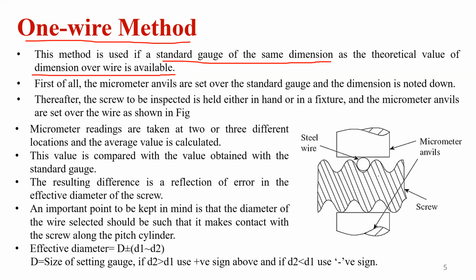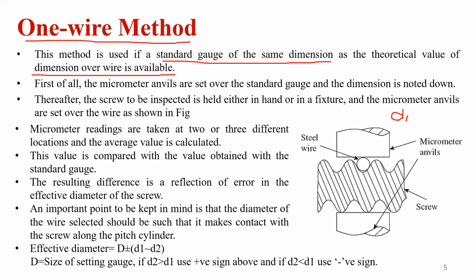In place of the screw thread, we will place the standard gauge, whose dimension is equal to the theoretical value of the dimension over the wire. The dimension over the standard cylinder is taken. Let us say that the dimension is D1.